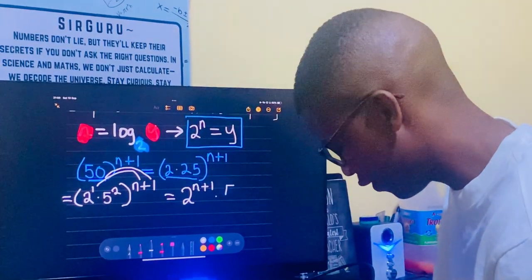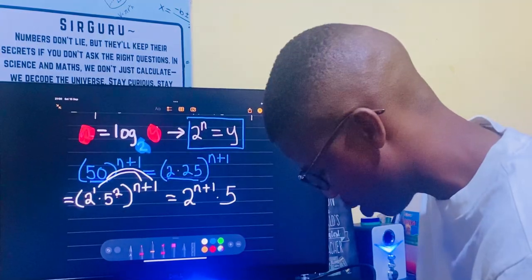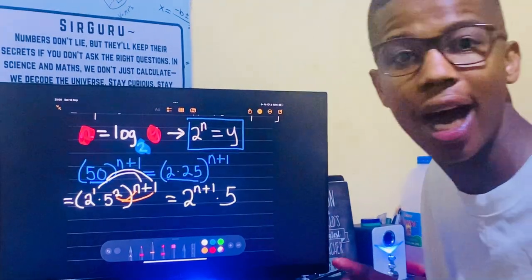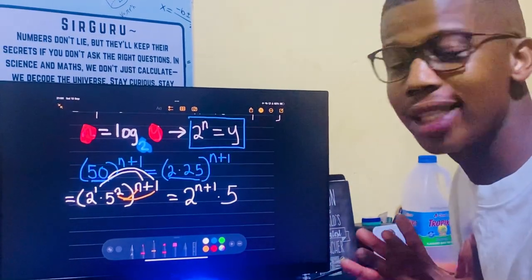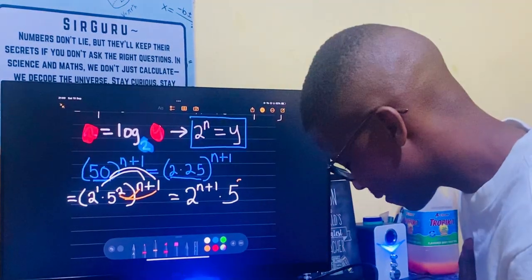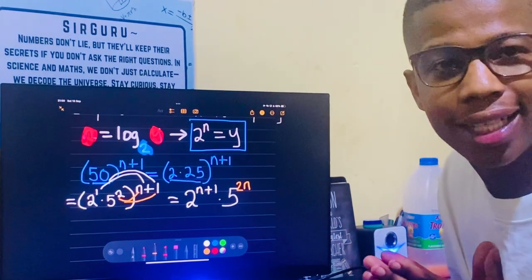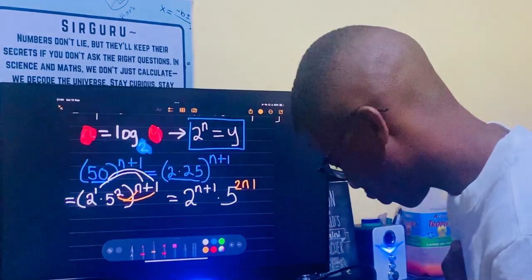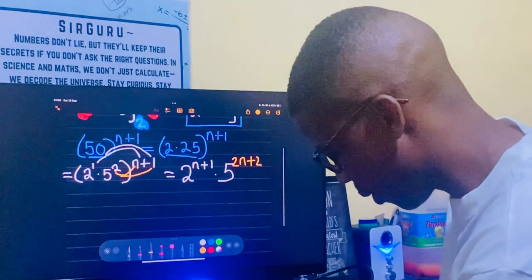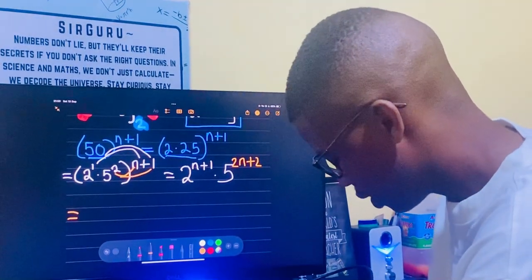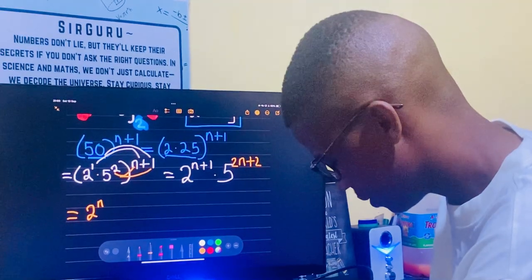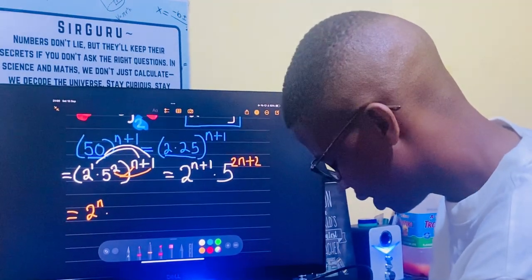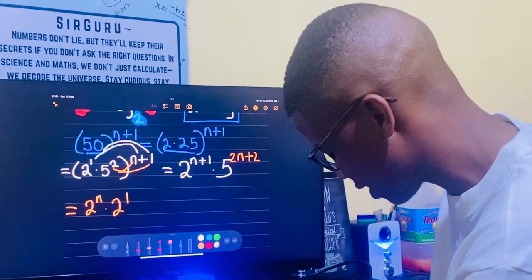And with 5, the exponent is 2, right? The 2 will multiply with the n and the 1. 2 times n is 2n, and 2 times 1 is 2. So now our expression is 2 to the power n dot 2 to the power 1. I just separated that.